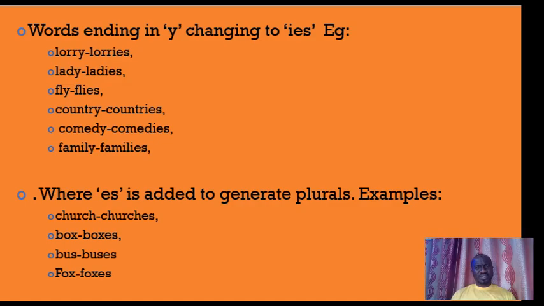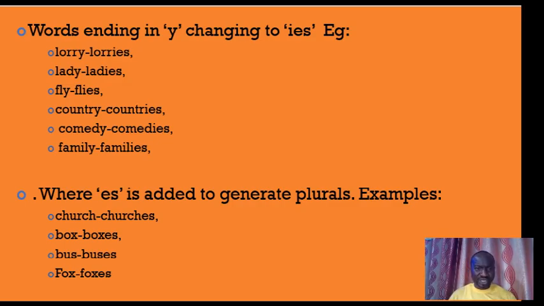Now let us go to a different thing that is used in forming plural. We have words ending in y, changing to ies. Example, we have lorry, then we have lorries. We have lady, we have ladies. We have fly, we have flies.